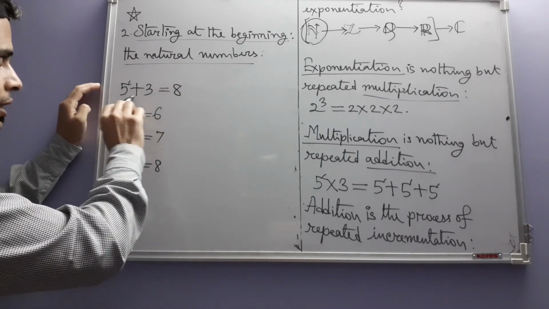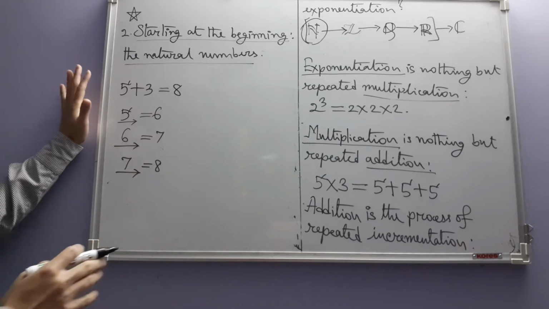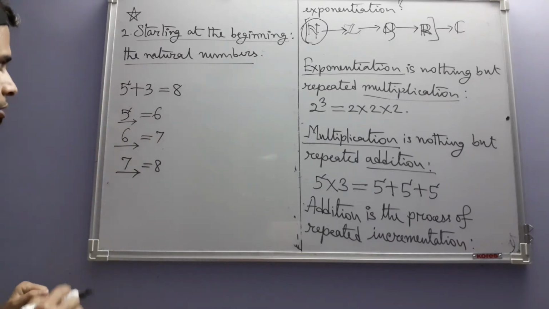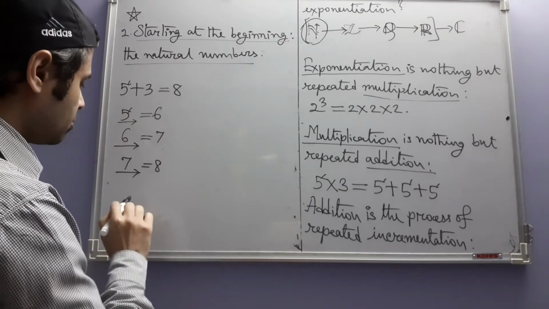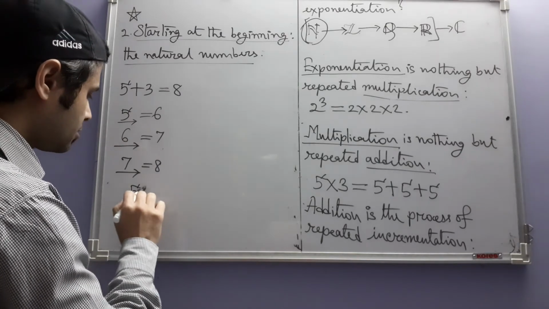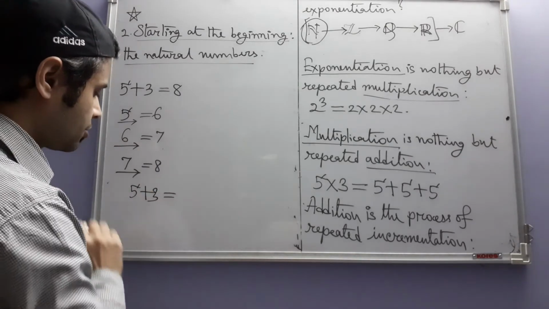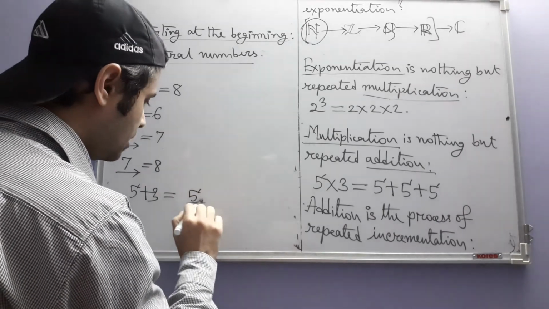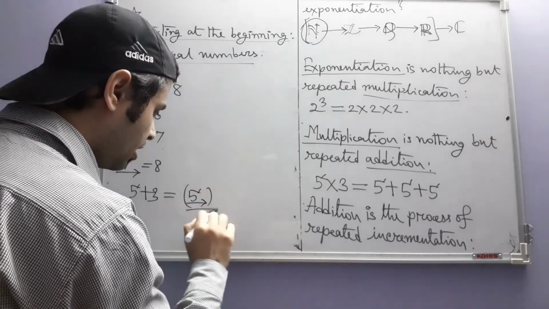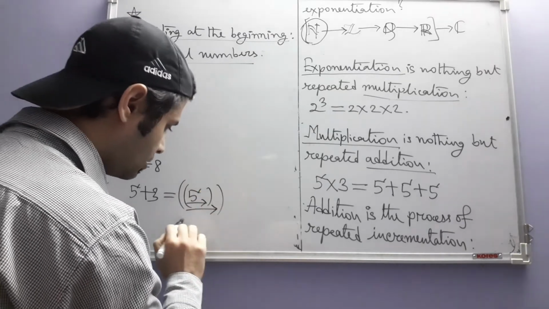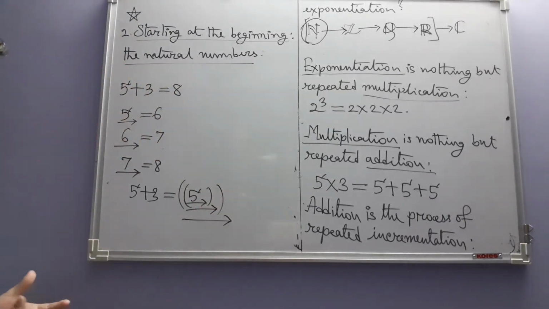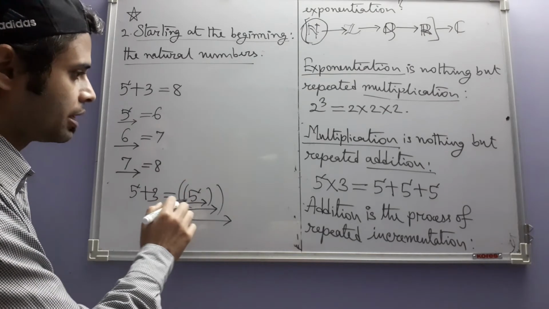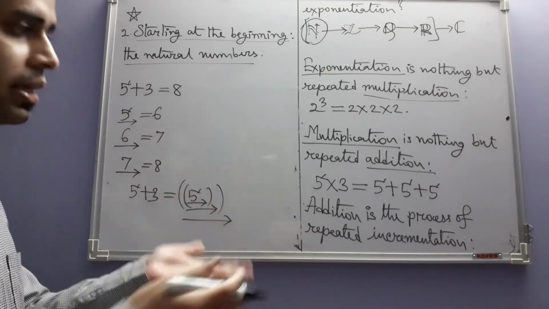So this is in terms of addition I have written. If I write in terms of this operation, this will look like this. 5 plus 3 is actually increment of 5, increment of that, increment of that. So I apply incrementation 3 times. So that's why addition is repeated incrementation.